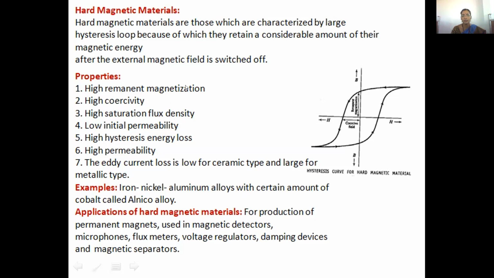Properties: high remnant magnetization, high coercivity needed, high saturation flux density, low initial permeability, high hysteresis energy loss, high permeability. The eddy current loss is low for ceramic types and large for metallic types.